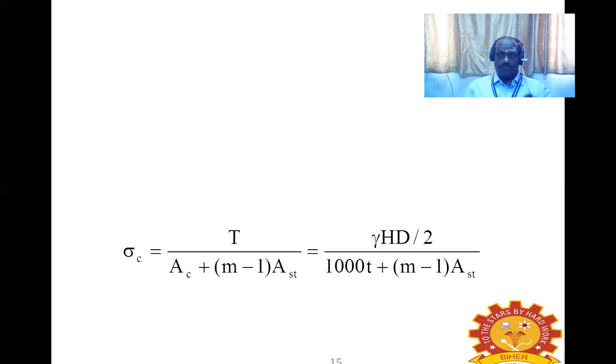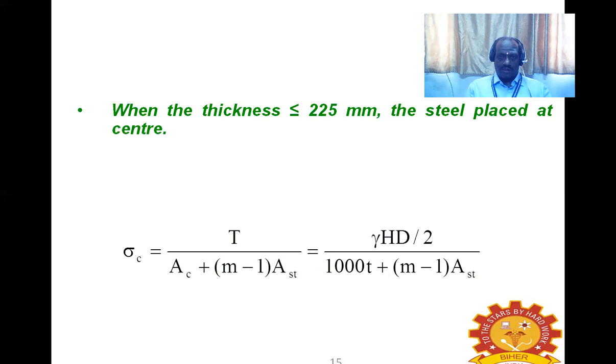When I talk about the tension or a hydrostatic tensile force, that tension is nothing but the density multiplied by the overall height and the diameter divided by 2, divided by 1000 times the thickness plus m minus 1 Ast. Area of concrete, when we say it is b into t, b is generally we take 1000, and the thickness is the area of the concrete there.